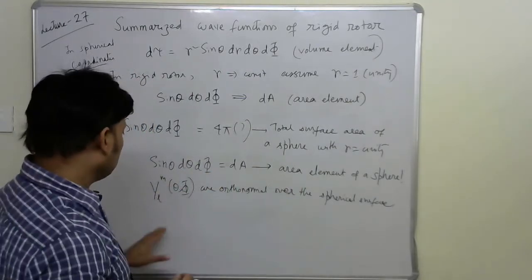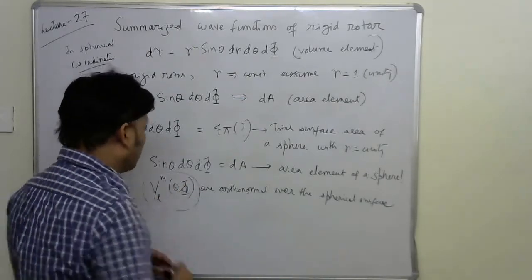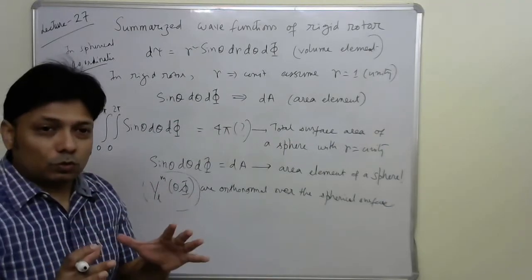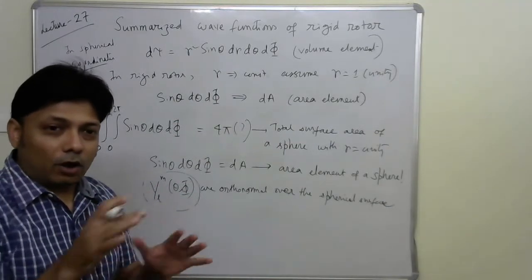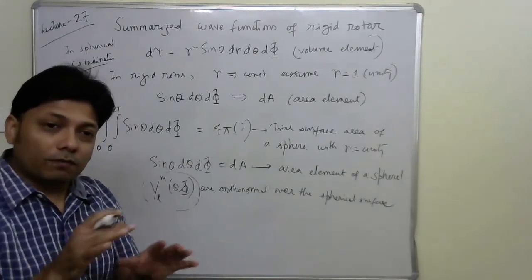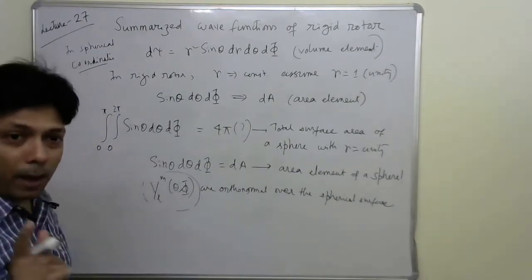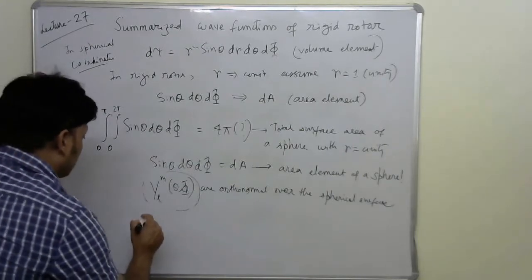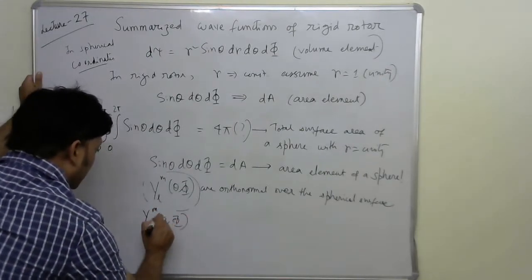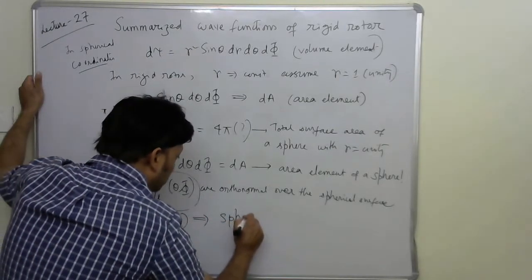So in other words, this function has something to do with the area of a sphere, or better, a spherical surface. Because of this, mathematically, Y_lm(theta, phi) is called spherical harmonics.